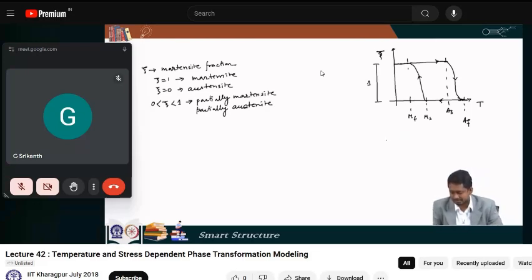So here we have now 4 quantities. AS, that is called austenite start temperature, and we have AF, and that we called austenite finish temperature.